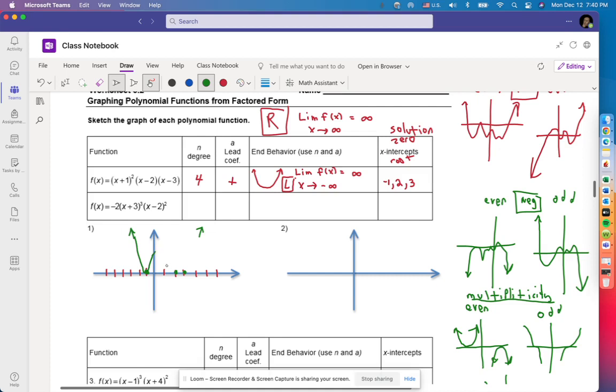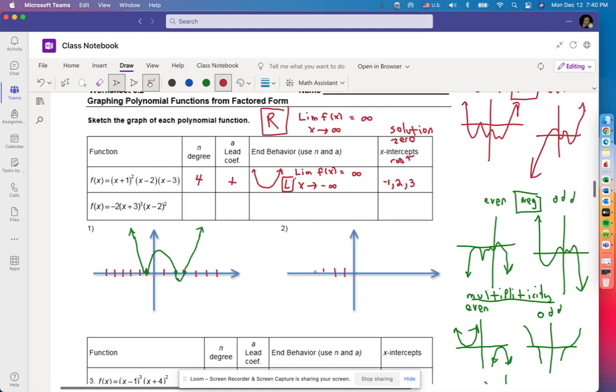Notice this one at 2, it's a 1, so I'm going to go straight through. And I notice the 3 is also a 1, so I need to turn, come back up, straight through, and that's my rough sketch. All right, so now I want to find my exact values. So this is my rough sketch. For my exact values, we'll draw that one over here.